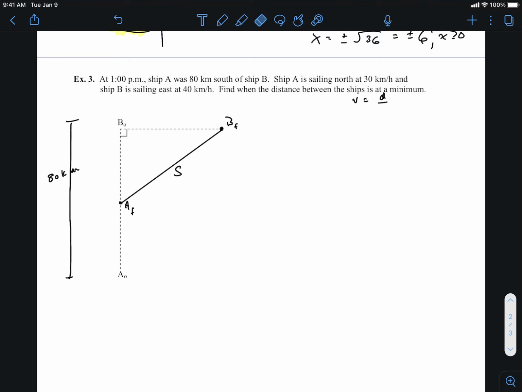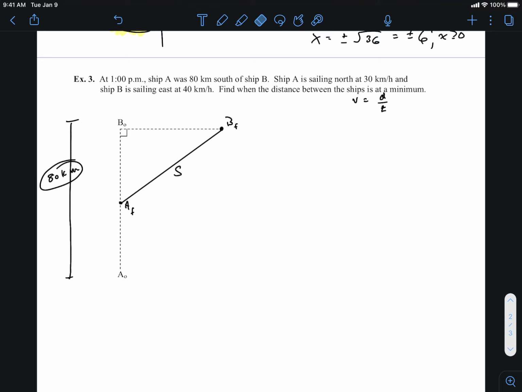What they've told us here is a distance. So this whole question, I want to revolve around getting an S of T function, basically a distance function with respect to time. That's what I'm interested in.